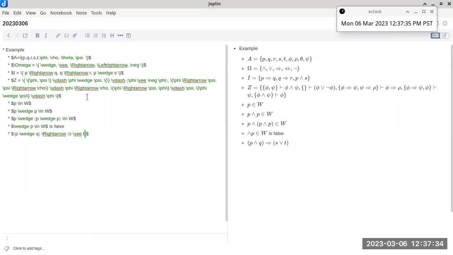At this point, we know P and Q is well formed, S or T is well formed. So the implication is also well formed because both sides of the implication are well formed. So we can make really complex expressions just by recursively analyzing whether the operator has the right number of operands and whether each operand itself is well formed.